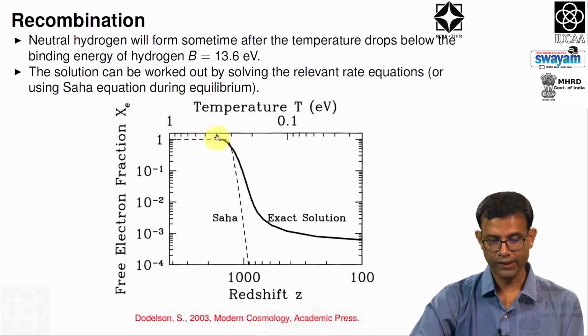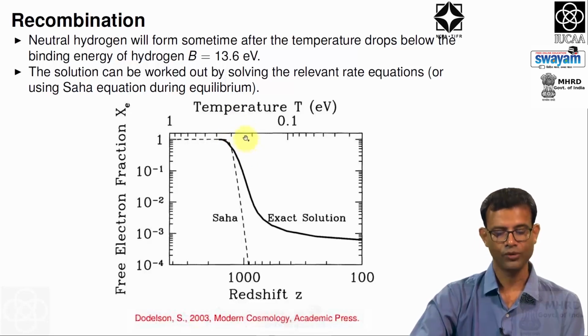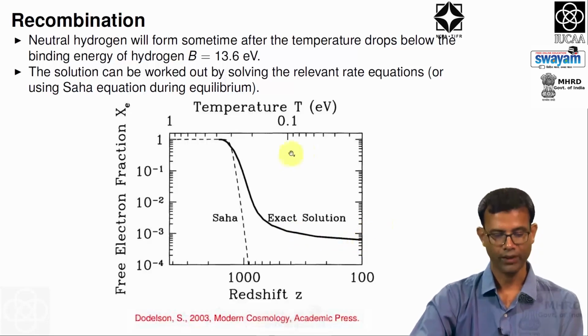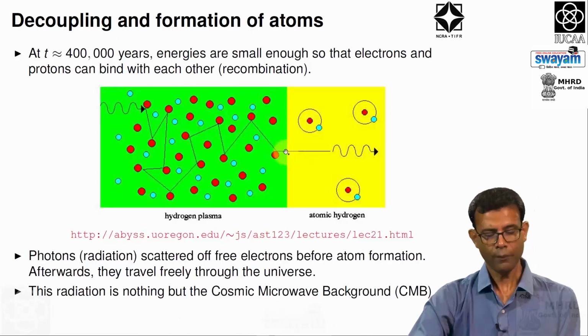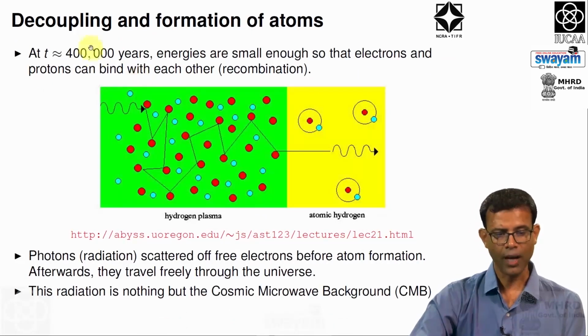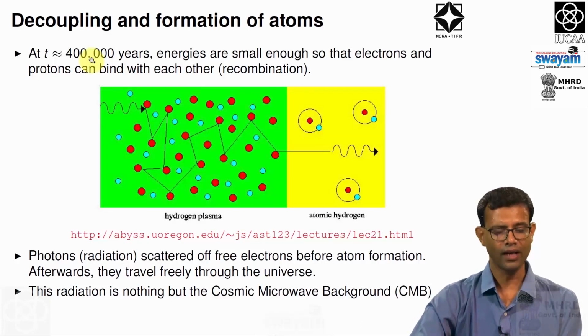As the temperature goes down, the free electron fraction decreases very rapidly. This is because now the electrons are getting captured in atoms. This is the time when the first atoms formed, and the free electron fraction after that point dropped very drastically. In terms of time, this would have happened a few 100,000 years after the Big Bang.